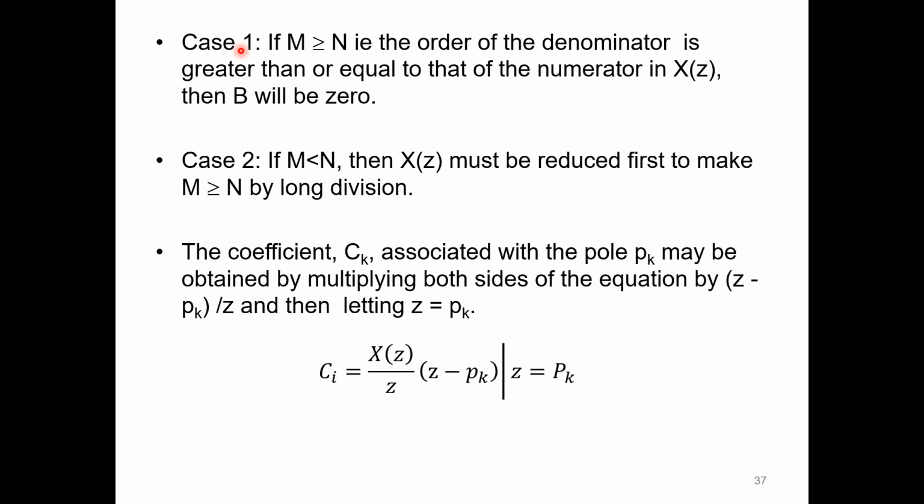And then you can figure out there's a constant plus a rational polynomial remaining part which satisfies case 1. Then you can proceed.